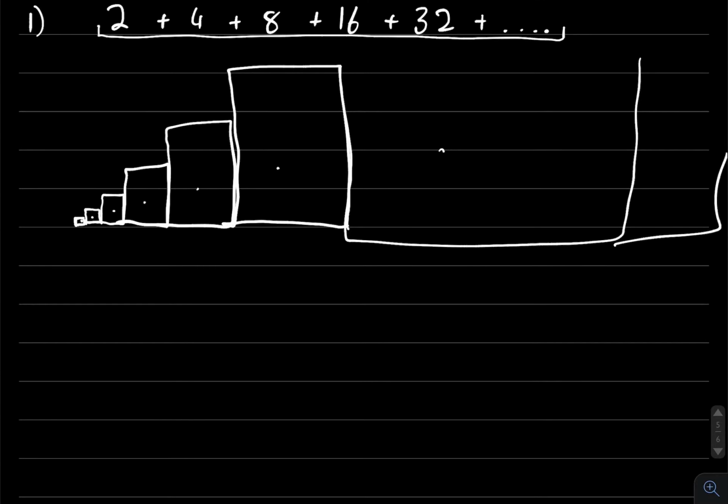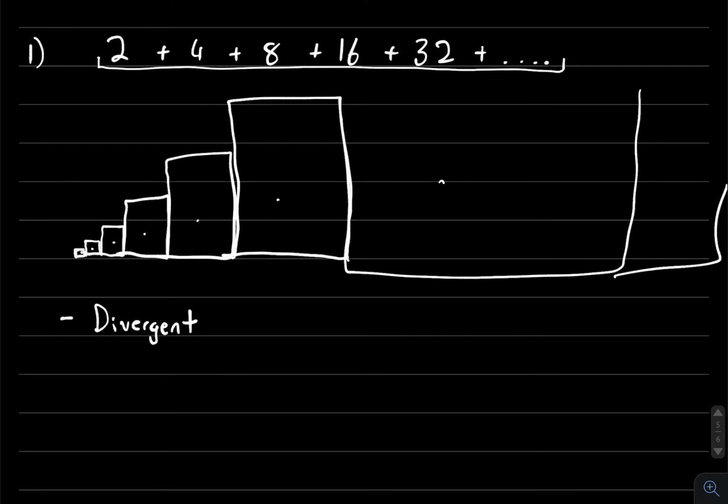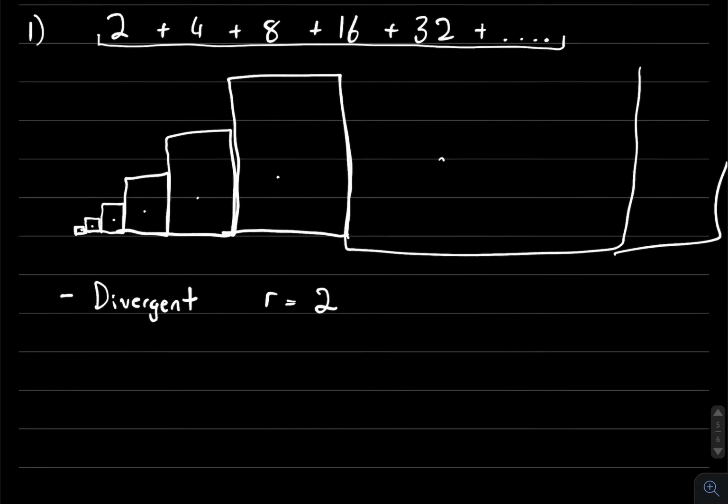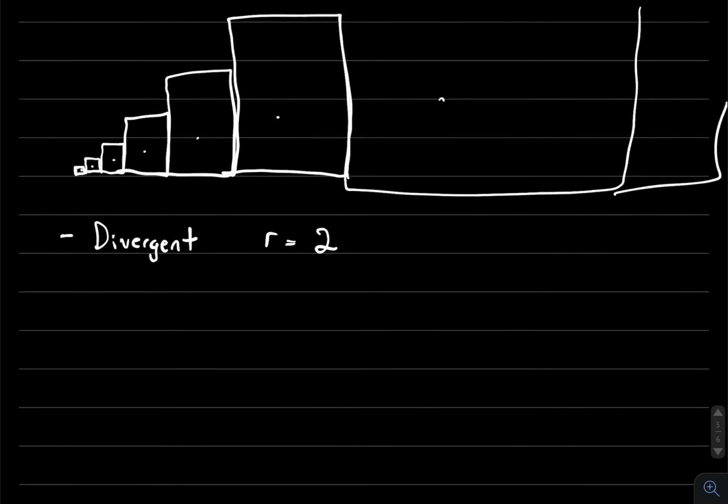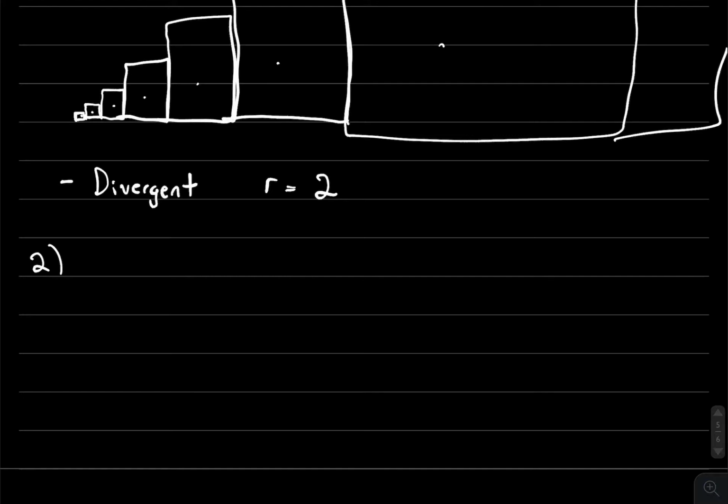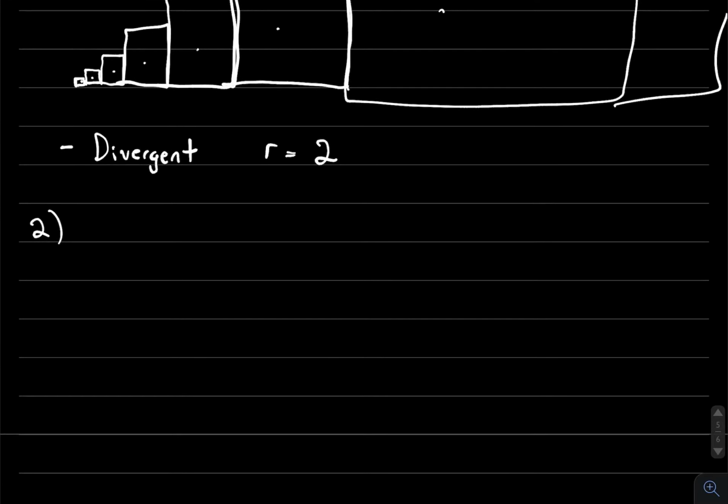So a series like this is divergent. But before we move on to another example, just notice this. Our r here is 2. Just keep that in mind. Let's move on to our next example.